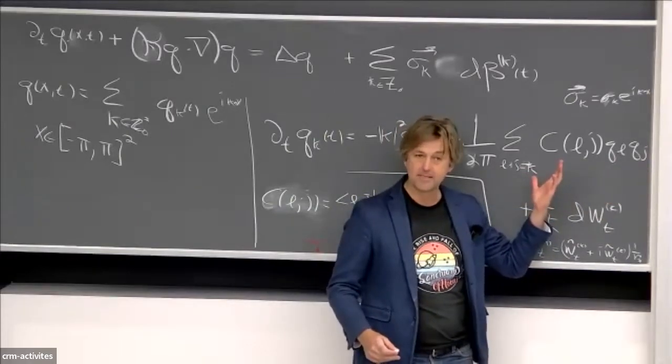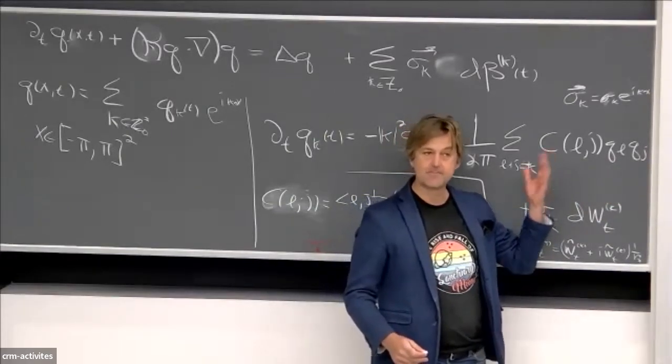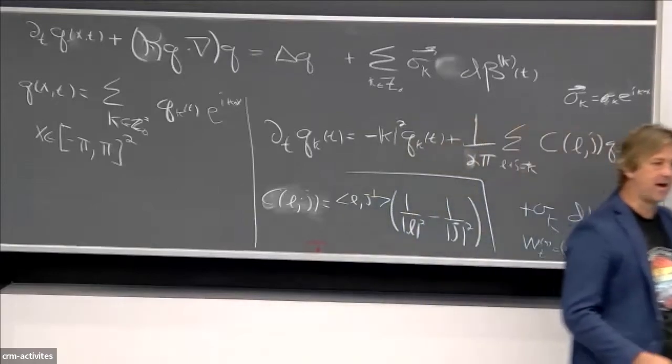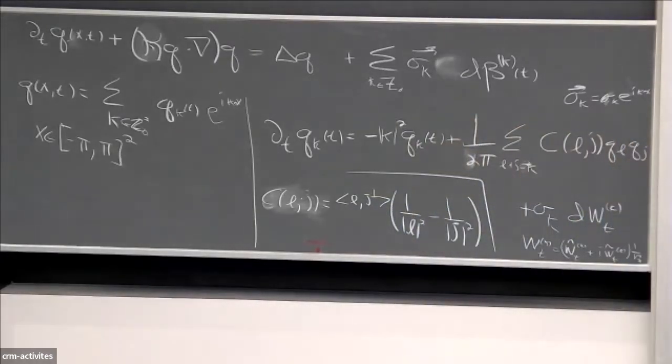So many of the polynomial nonlinearities that you love in dissipative PDEs look like this. Somebody will raise their hand and ask, what about sine-Gordon? Okay, yes, fine. But, you know.